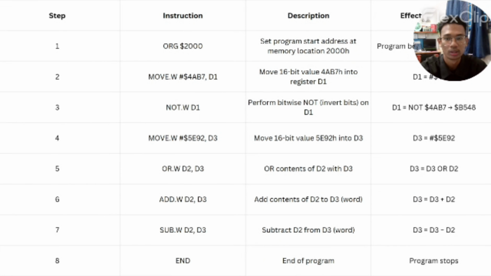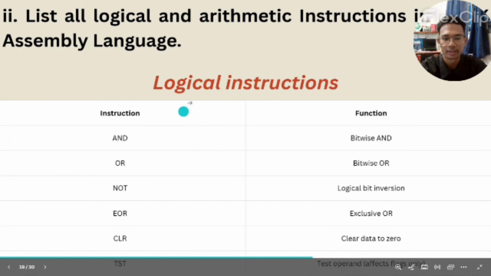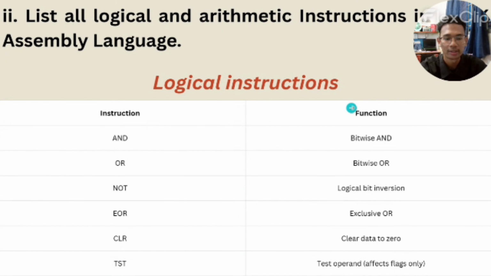Now we go to question 2. Question 2: list all logical and arithmetic instructions in M68K assembly language. First, I will tell you about the logical instructions. There are 6 logical instructions, and those instructions each have their own function.